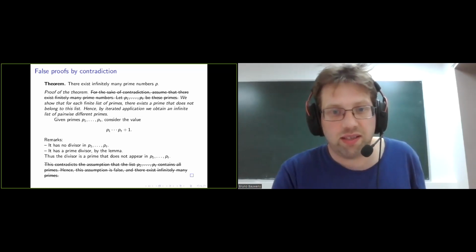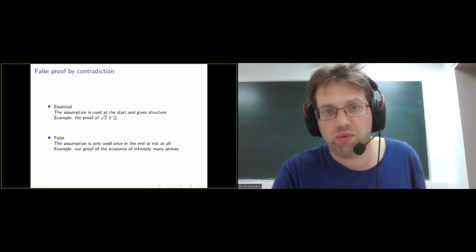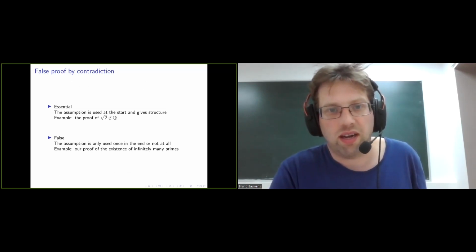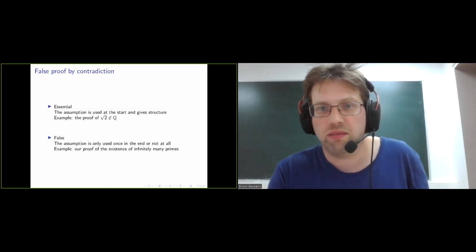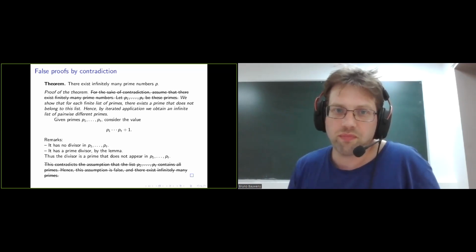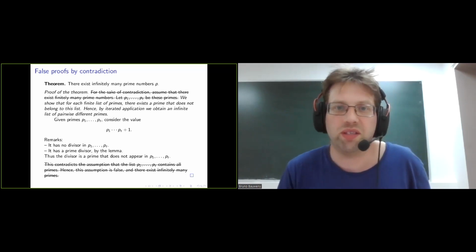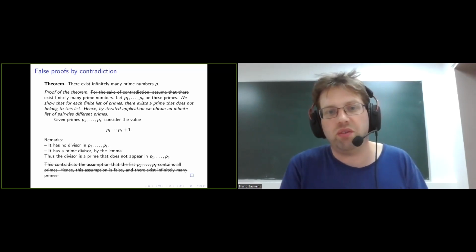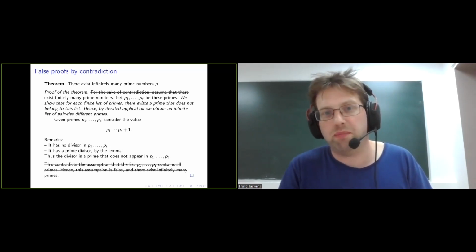Actually, I also think that the classical proof that square root 2 is not rational is also a false proof by contradiction. I would prove it by induction. But okay, let us go to the story about prime numbers. So what you're doing, you're getting finitely many prime numbers, and then you come up with a new prime number.